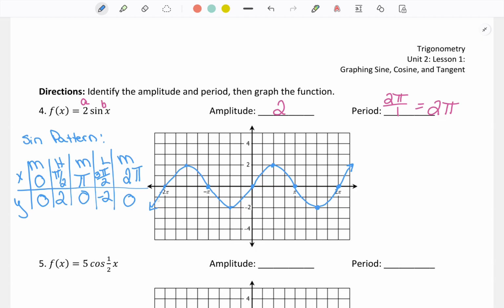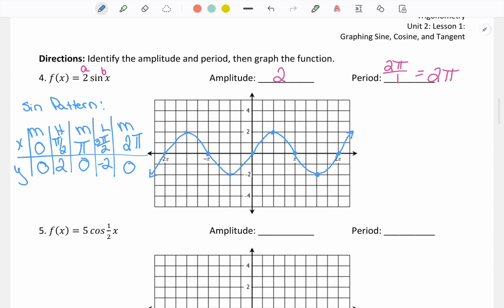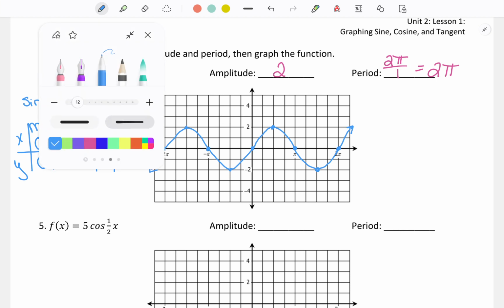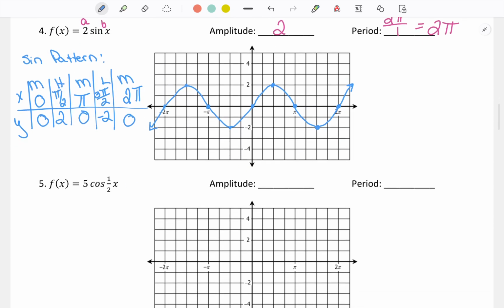So we just try to join everything with as good of a curve as we can. And it doesn't have to be perfect. Now, I do not want to see something that looks like a zigzag. I want to see an attempt at curves. But if it is not perfect, then that is not a big deal.